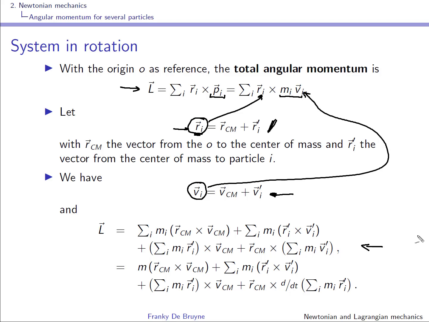So you can rewrite it slightly differently in order to make the following sum appear twice, and in the previous slide I've shown that this is equal to 0, this is equal to 0, so the two last terms here simply disappear.